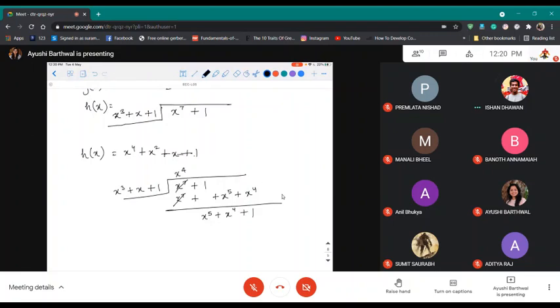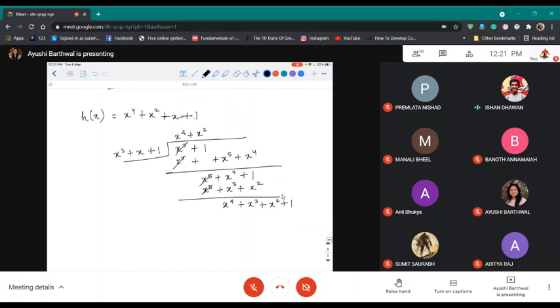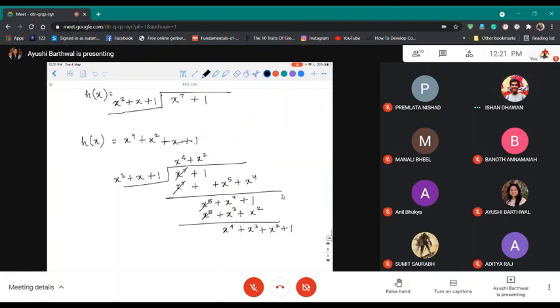Now we'll be multiplying it with x square. So we'll get x5 plus x cube plus x cube plus x square. These two terms will be cancelled. So we'll be left with x4 plus x cube plus x square plus 1. Now again, the degree of the term that we obtained is higher than the generator polynomial, so we'll be multiplying it by x.